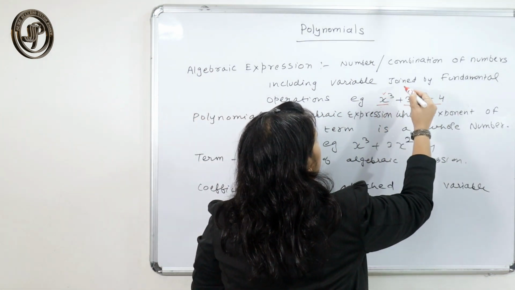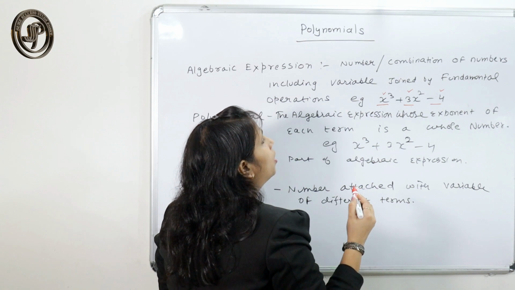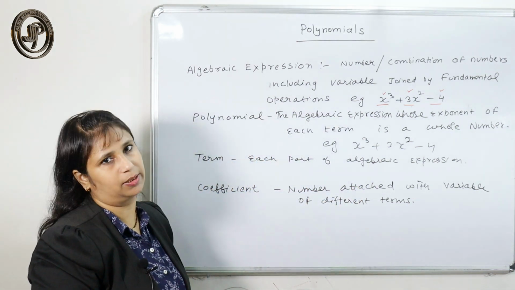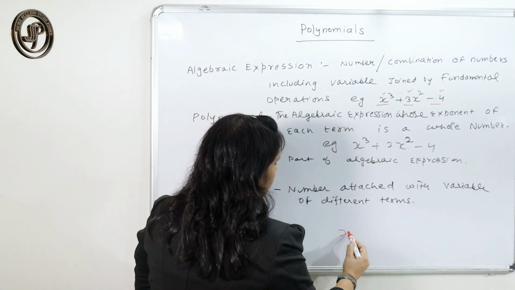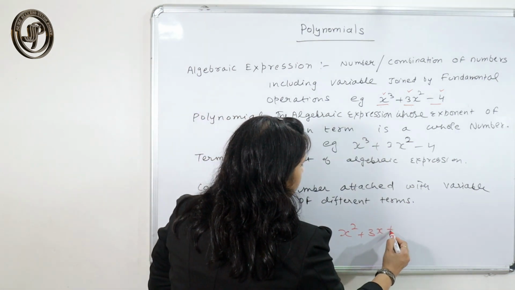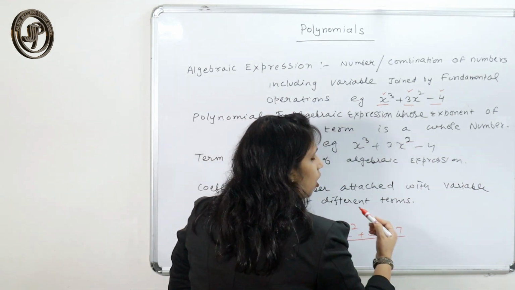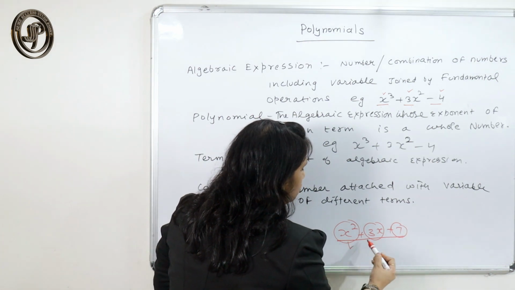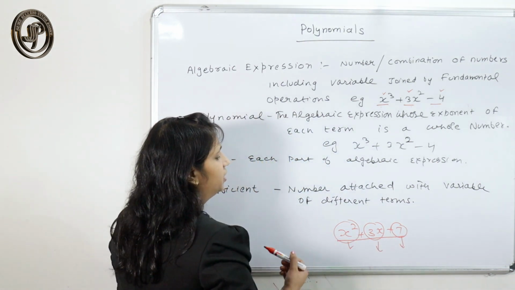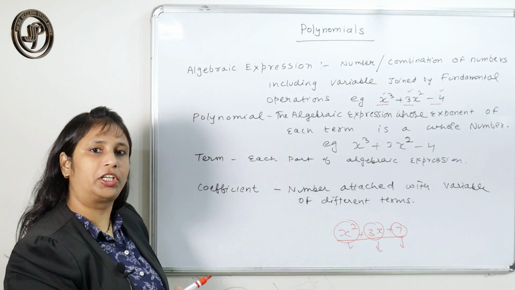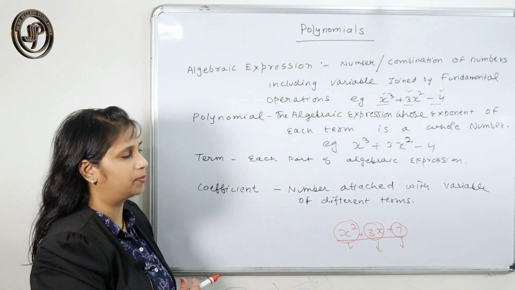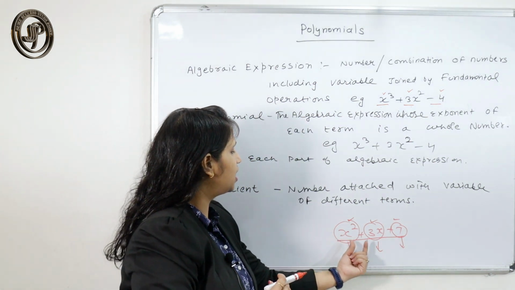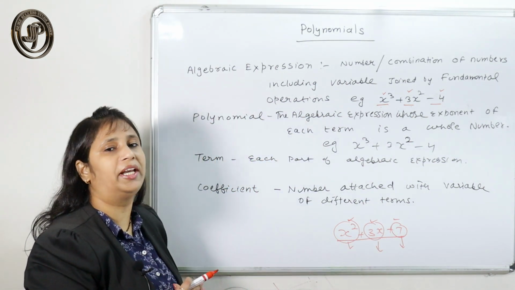Here x cube, 3x square, minus 4, these are called the terms of the algebraic expression. So if I write, suppose, x square plus 3x plus 7, this is called an algebraic expression. Here these individual parts are called the terms of this algebraic expression. If I want to count the number of terms, this algebraic expression has 3 terms.